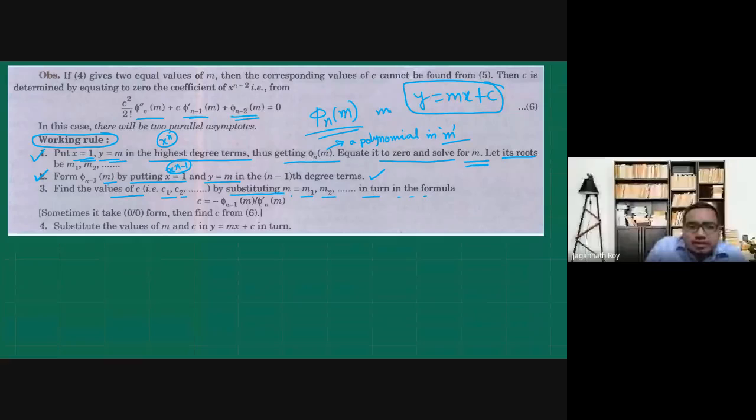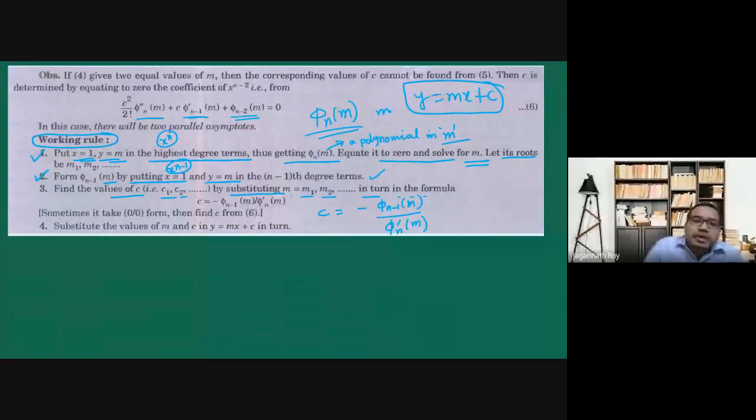We'll define C as minus phi n minus 1 of m by phi n dash of m. We'll differentiate this one.